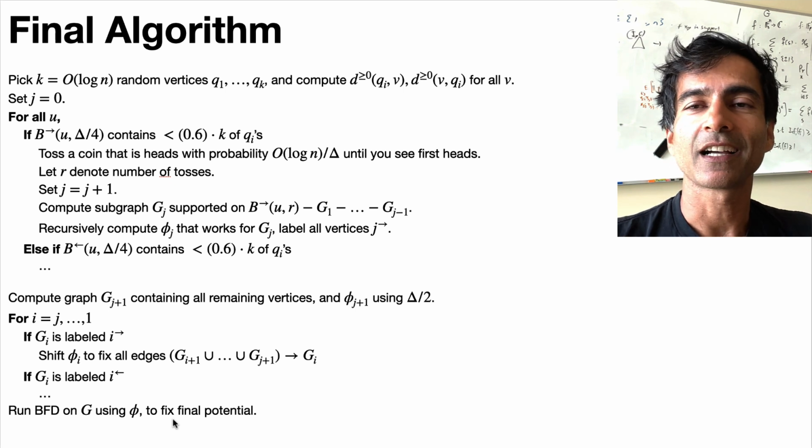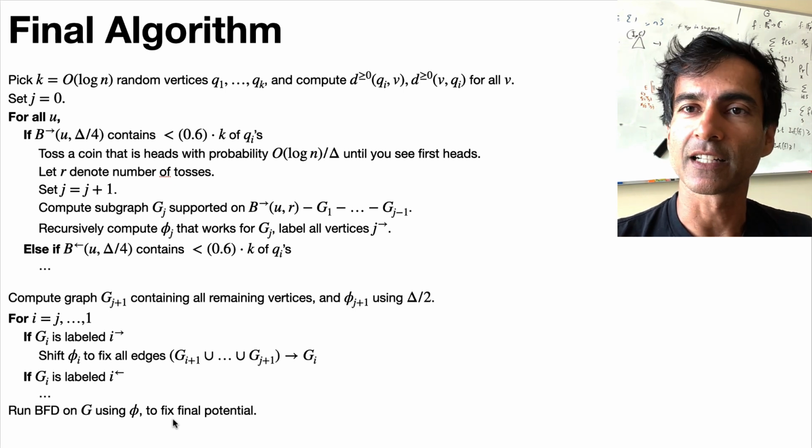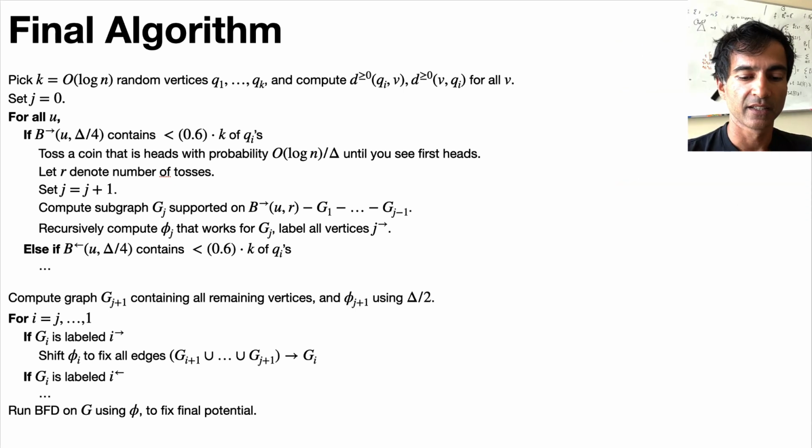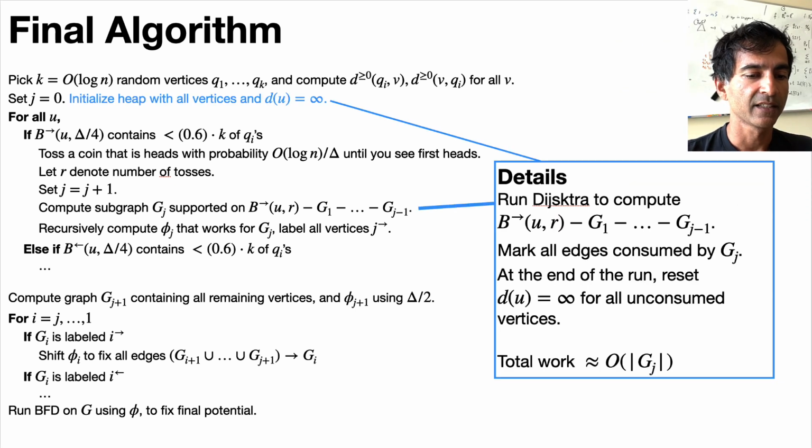So that's a very high-level description of the algorithm, and that's the level of detail I'll use here, except I'll make a few more comments about how to handle the details. First of all, how do you do this efficiently? How do you actually compute these balls and these graphs efficiently? Well, you want to run Dijkstra's algorithm, but you want to be careful.